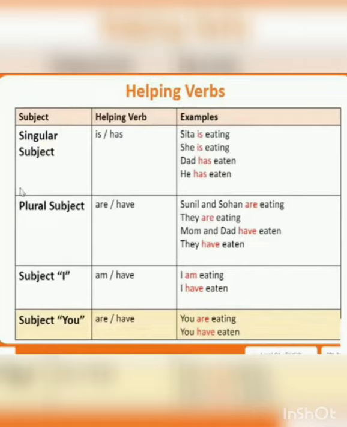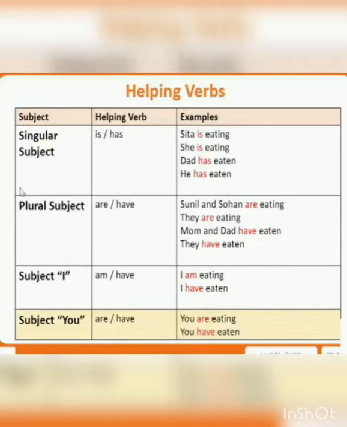Now see, if our subject is plural, then we will use helping verbs are or have. So, see the first sentence, Sunil and Sohan. Here are two persons, it means the subject is plural. So, Sunil and Sohan are eating.